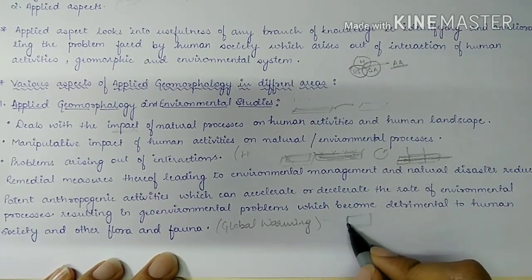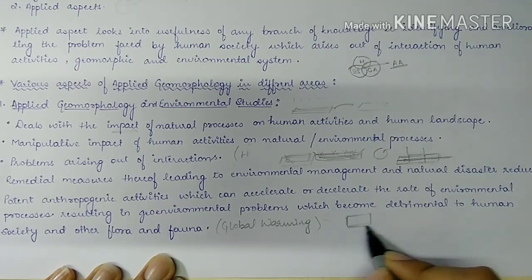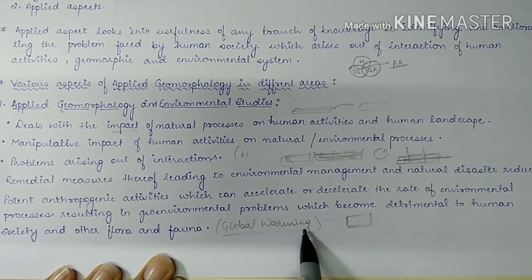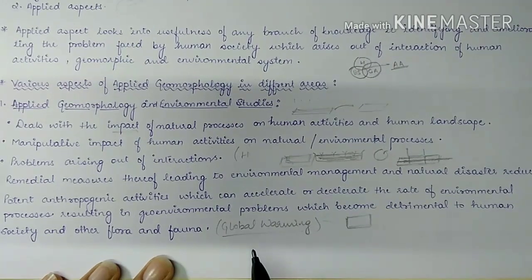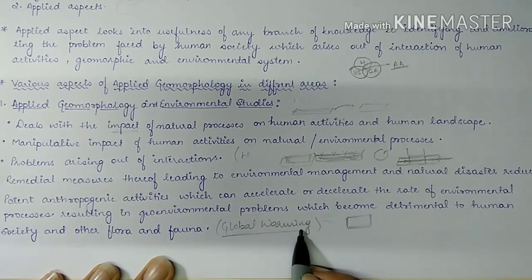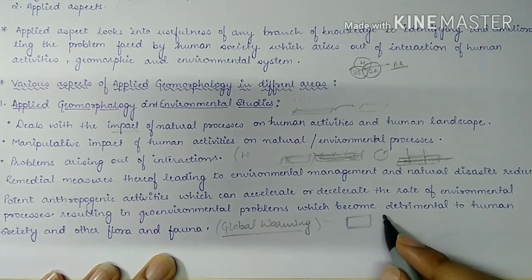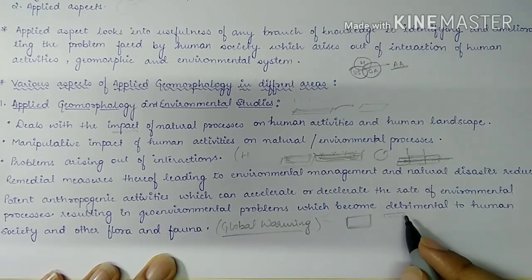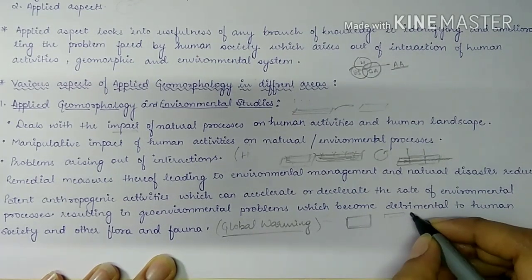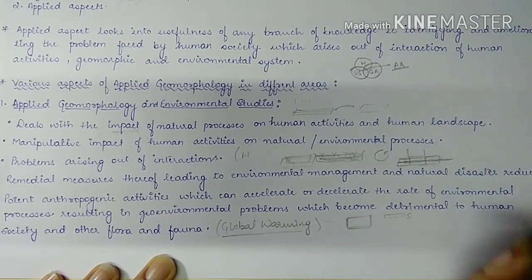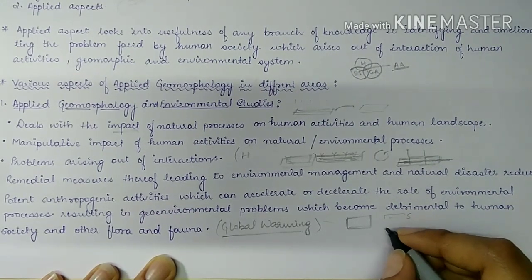Now because of this, we face a lot of problems, like global warming. Global warming is not only affecting the other animals or plants, it is also affecting human society. How? We are having very much climate change, the temperature is rising very much, we have severe, very warm summers, and we have severe cold winters.